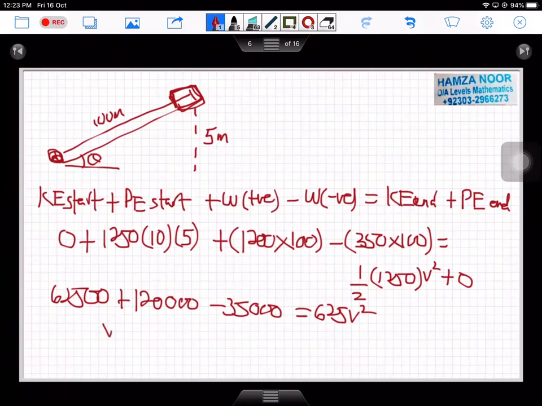V squared is equal to 236. Okay, and the square root of 236 is 2 root 59, which is 15.36. Correct to three significant figures, V is equal to 15.4 meters per second. All right, easy question.